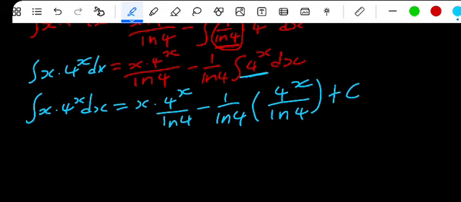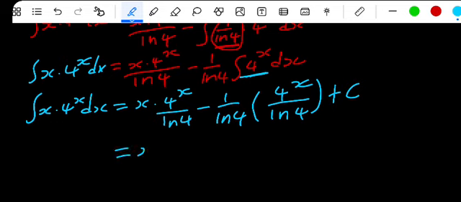So this is what we'll have then. As you can see here, we'll have x multiplied by 4^x over ln 4, minus the same. If you multiply that, it will be 4 raised to the power of x all over ln 4 multiplied by ln 4, which is the same as ln 4 raised to the power of 2, plus the constant c.